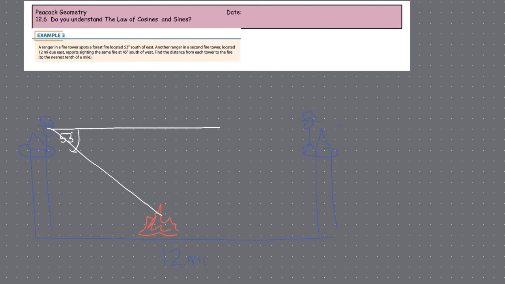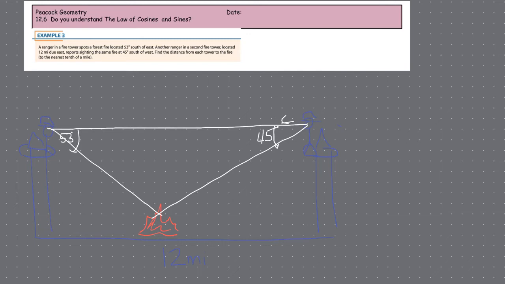When he looks out, he spots that same fire 45 degrees south of west. So he is looking west, but he is spotting it 45 degrees south of west. Find the distance from each tower to the fire to the nearest tenth of a mile.